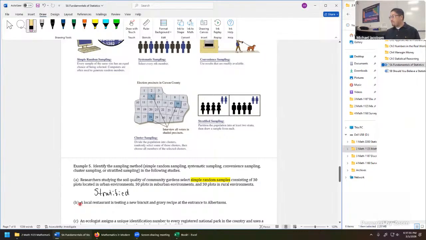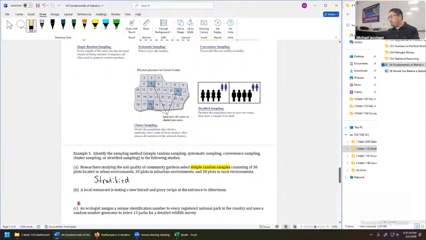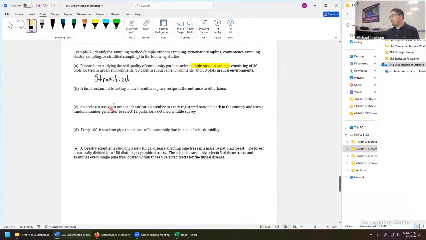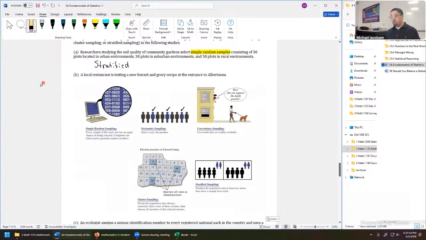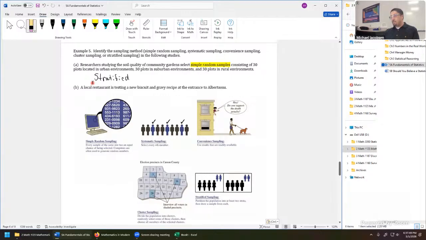Well, let's compare that against part B. A local restaurant is testing a new biscuit and gravy recipe at the entrance to Albertsons. That sounds exciting. I would want to be part of that study. Hopefully, if it's a delicious new recipe, they sound confident. But what would you all say this fits in?